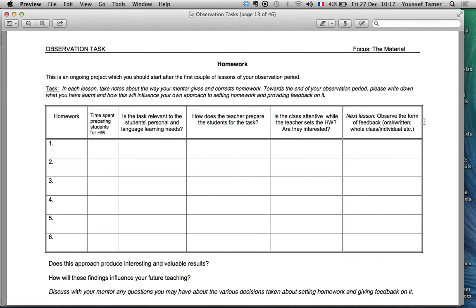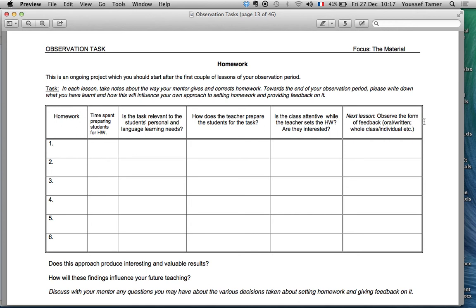Personalization, la personnalisation. Now, in business, they focus a lot on this, la personnalisation de la vente, okay? Now, how does the teacher prepare the students for the task? Preparation, does he prepare them or just let's go?